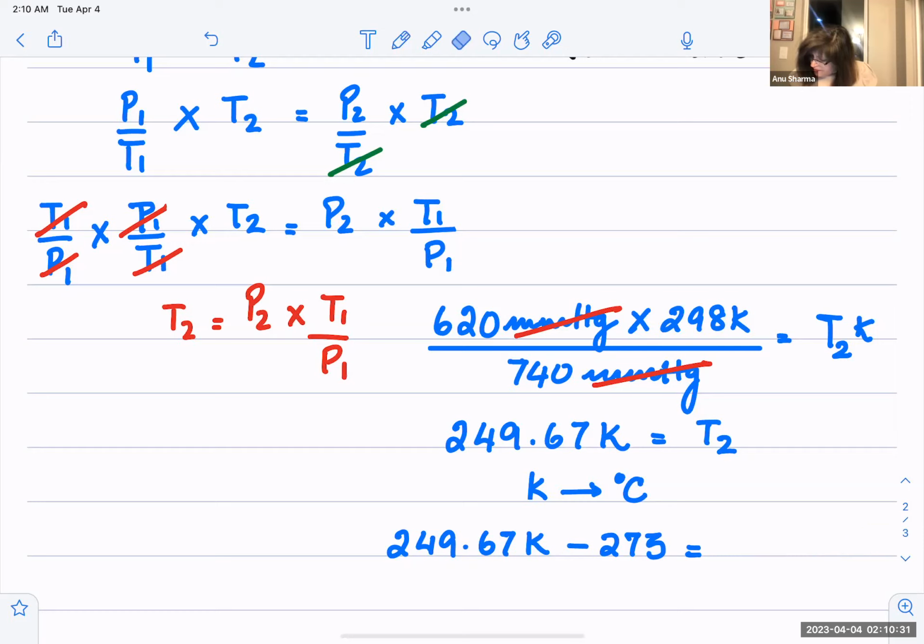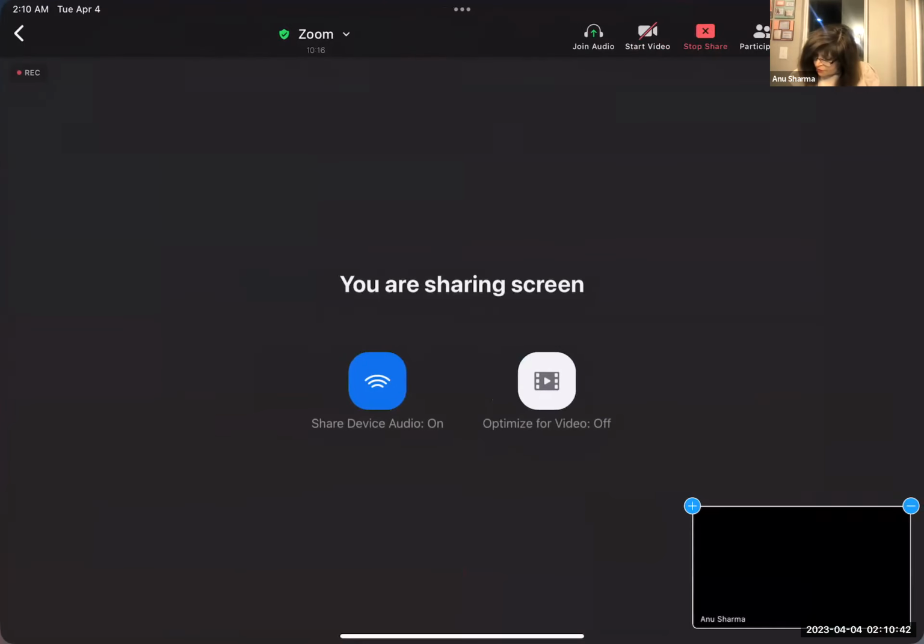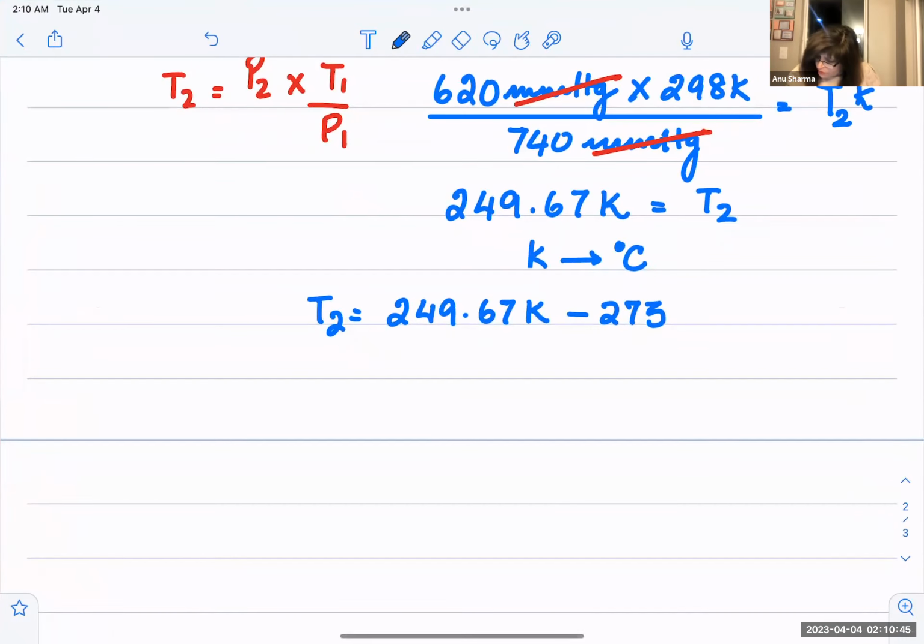You can also round 249.67 to 250, that's fine. So 249.67 minus 273 is negative 23.32 degrees Celsius, and that is the answer.